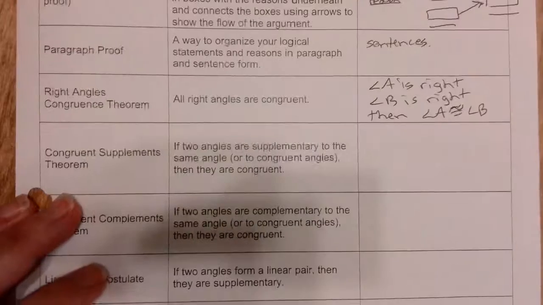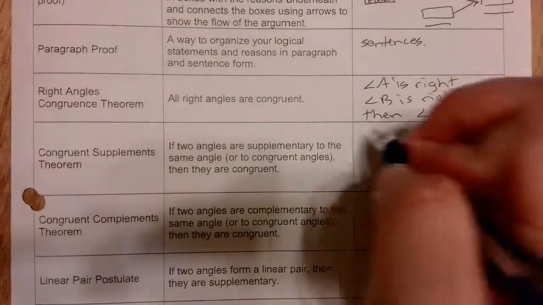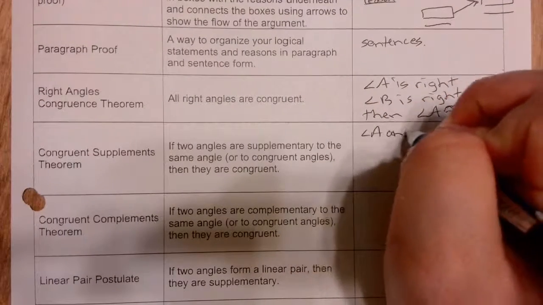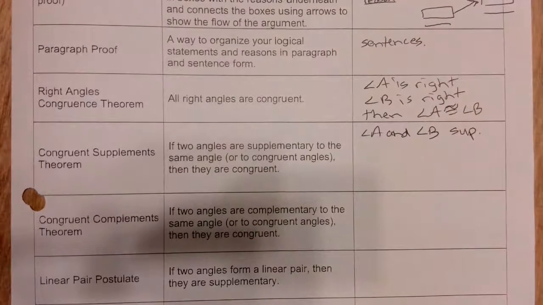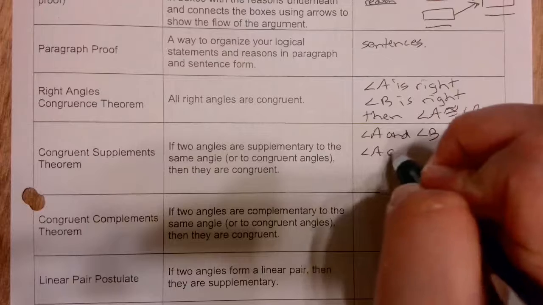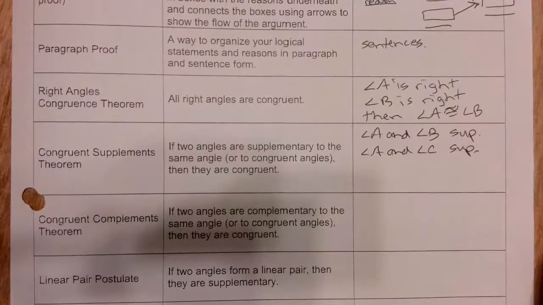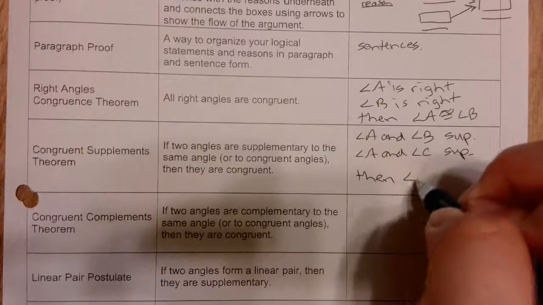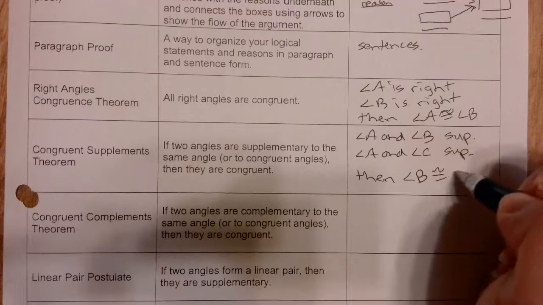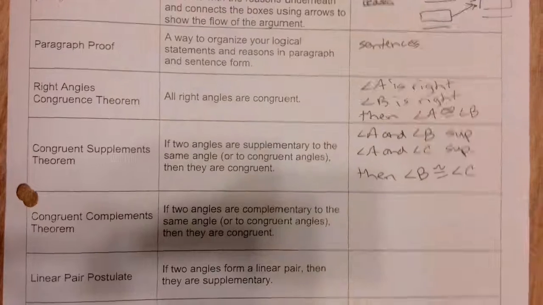The congruent supplements theorem. If 2 angles are supplementary to the same angle, then they are congruent. So if angle A and angle B are supplementary, and angle A and angle C are supplementary, then that means angle B is congruent to angle C. But think about it.